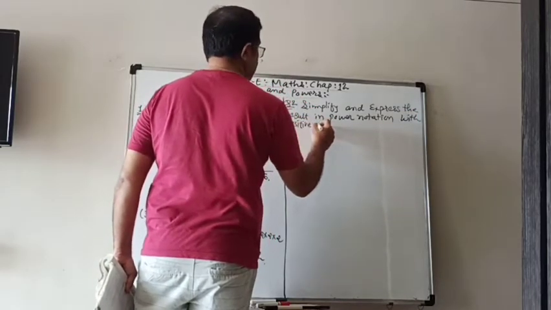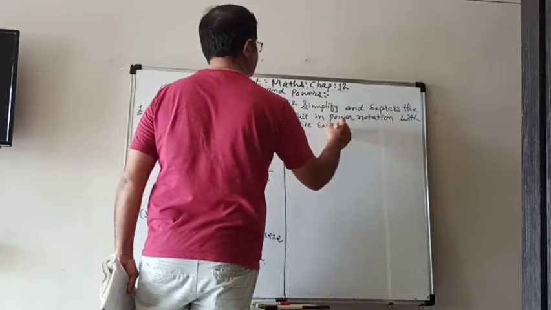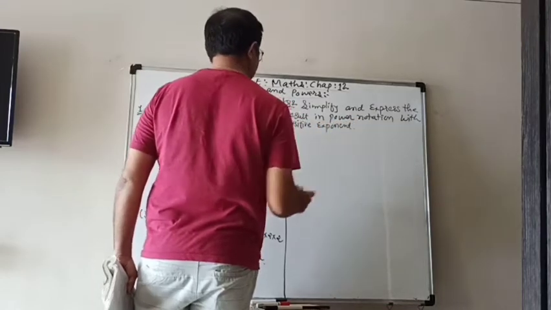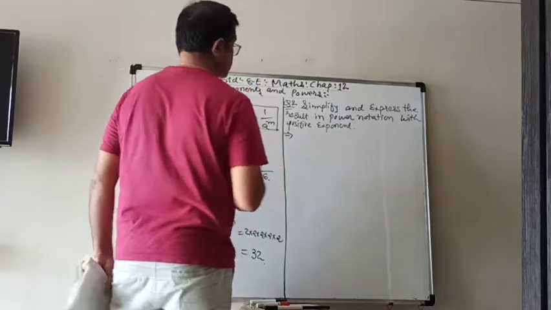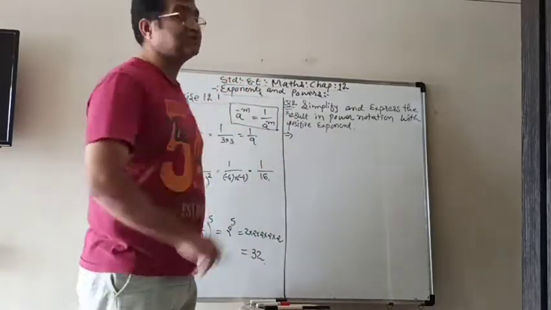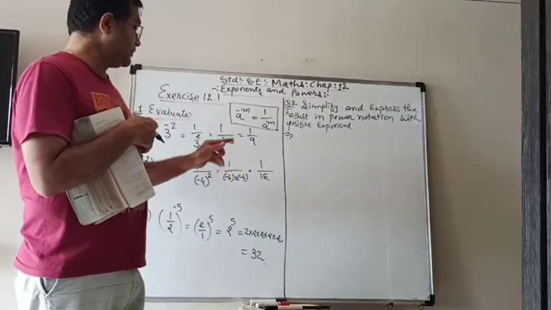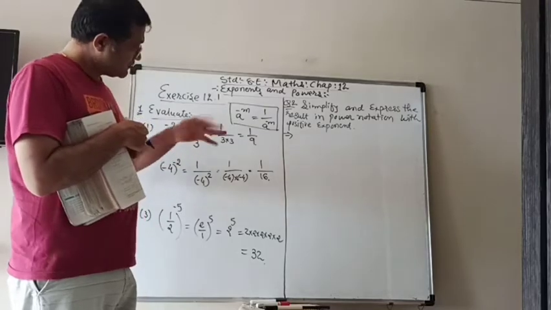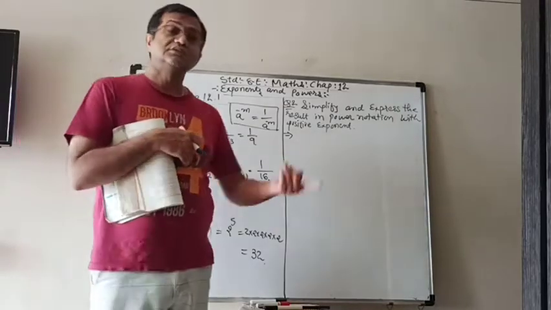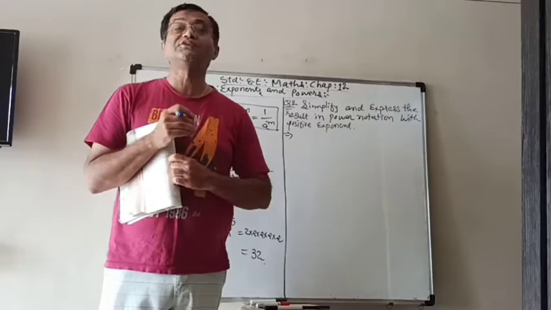Means we have to apply the rules, simplify, and then the answer should have only positive exponent. So if there is any negative, we have to convert it into the positive exponent.